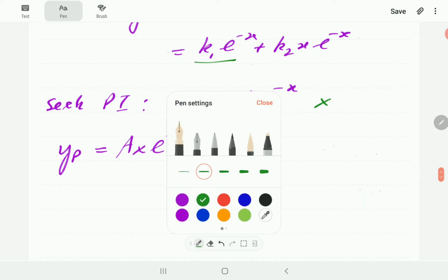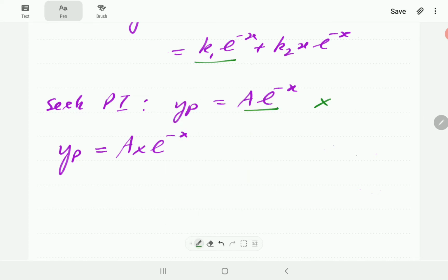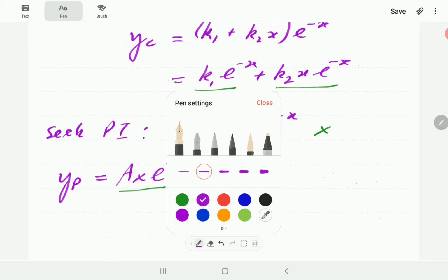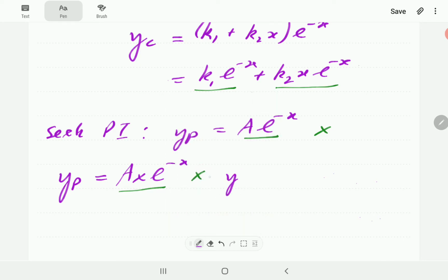And then again, comparing with the terms in yc, this is exactly the same form as the second term, constant times x times e to the minus x. So that means that is not going to work as well.